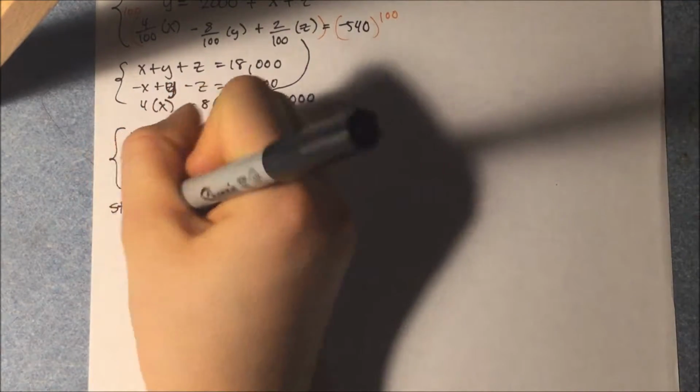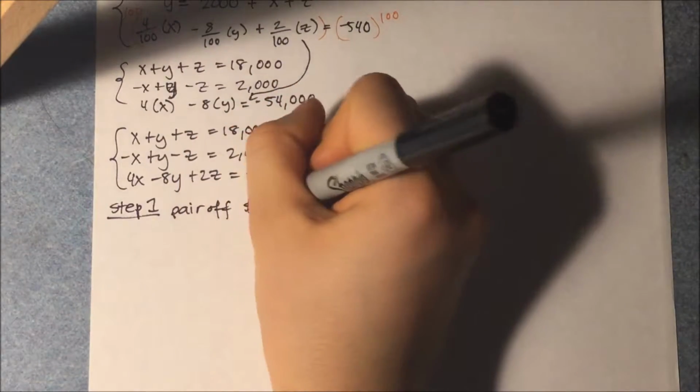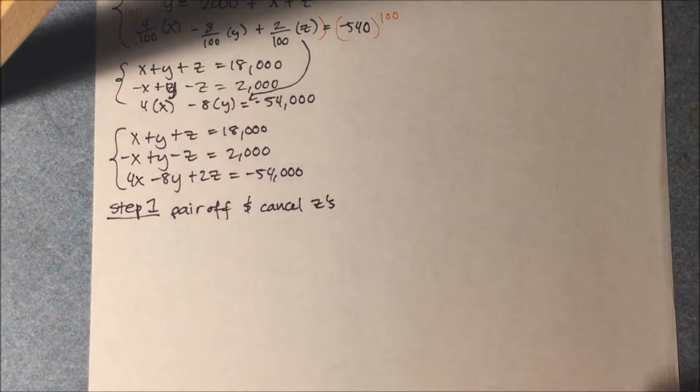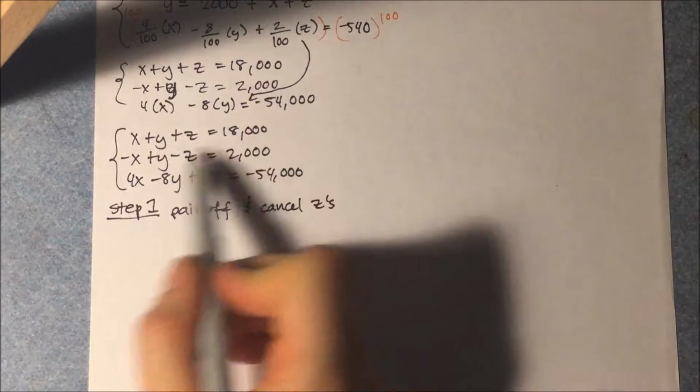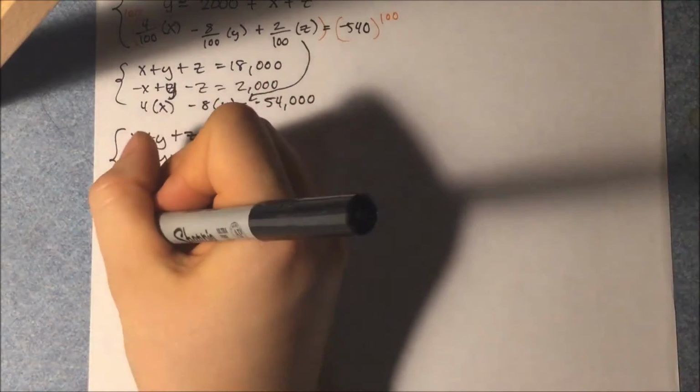So my step 1 for solving these is going to be pair off and cancel the z's. Okay, so I like to pair the easiest one, which looks like it might be this one. I'm going to pair this one with the other two.